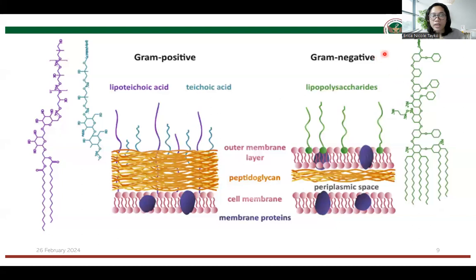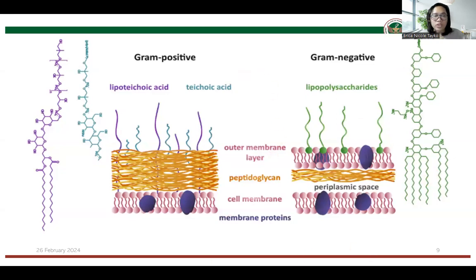In gram negative, the presence of lipopolysaccharides as well contributes to the overall negative charge of your cell surface. The presence of saccharides, complex sugars, contributes to the negative charge.